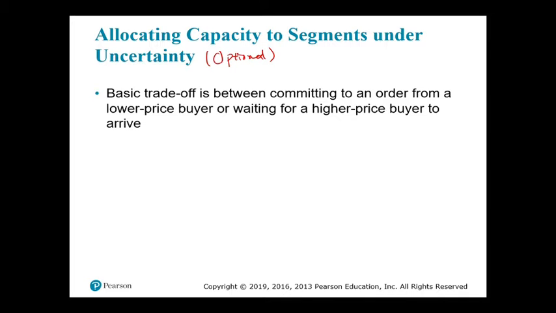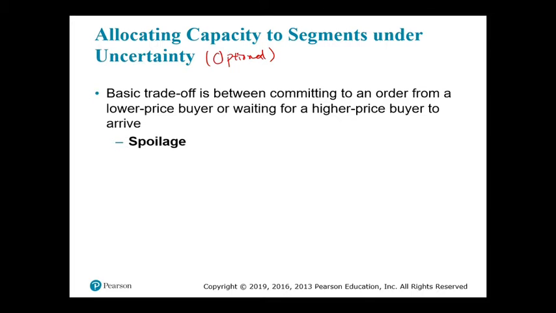So we are going to determine how much capacity to allocate to each segment of customer, the business class versus economy class. And the basic trade-off is between committing to an order from the lower price buyer at an earlier time, or should we wait for higher value customers to come along in a later stage by reserving this seat.